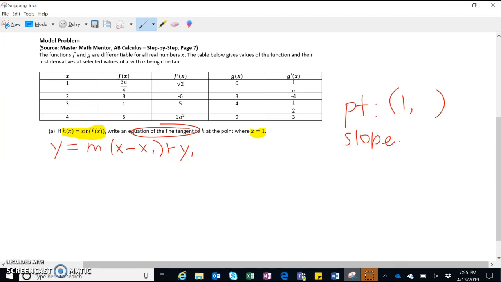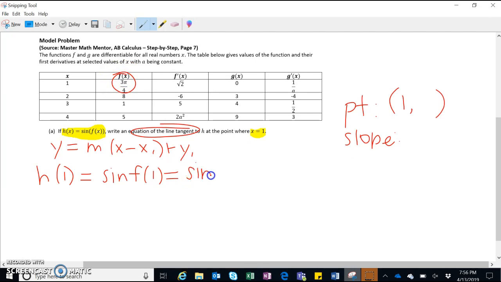So from Algebra 1, if I have an x and I need a y, the easiest way to go about finding a y value for a given x value is to plug that x value into your equation. So what I'm going to attempt to do here is evaluate sine of f of 1, since that's the input that I've been given. Using my table, I can see that f of 1 is right here, 3 pi over 4.